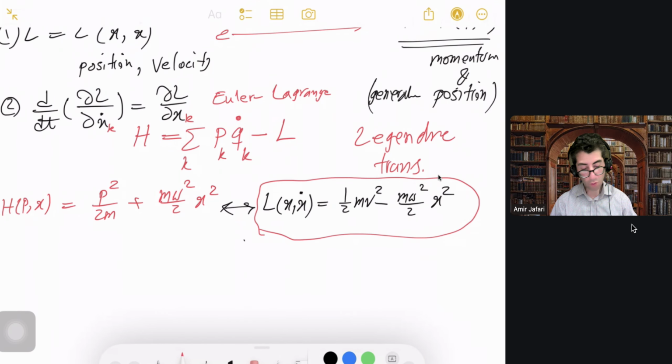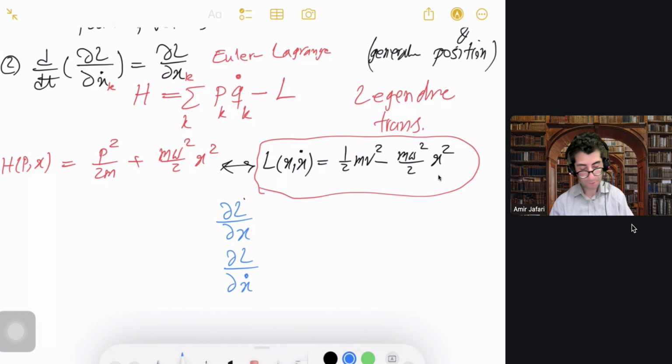So for this Lagrangian, the Euler-Lagrange equation would be like this. Let's get dL over dx, and let's get dL over dx dot, and then we can write down the Euler-Lagrange equation.